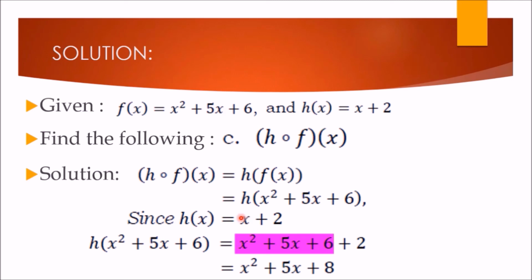So we change x with the function f of x because h is composed of f. Your f is inside your h. So that is your x now becomes x squared plus 5x plus 6 added with 2. Okay, you still have to write 2 here. So your answer to h of f of x is x squared plus 5x plus 8.